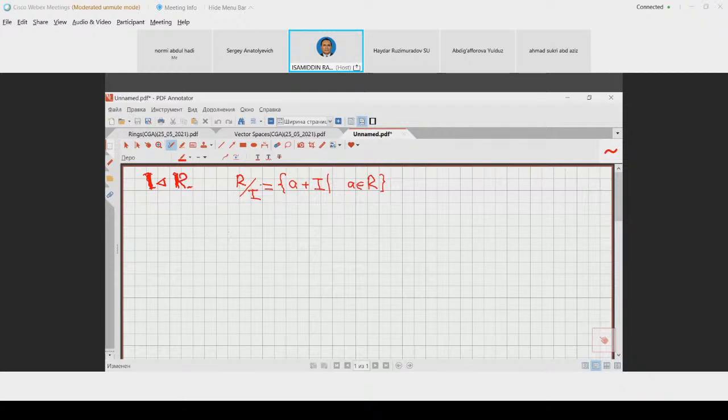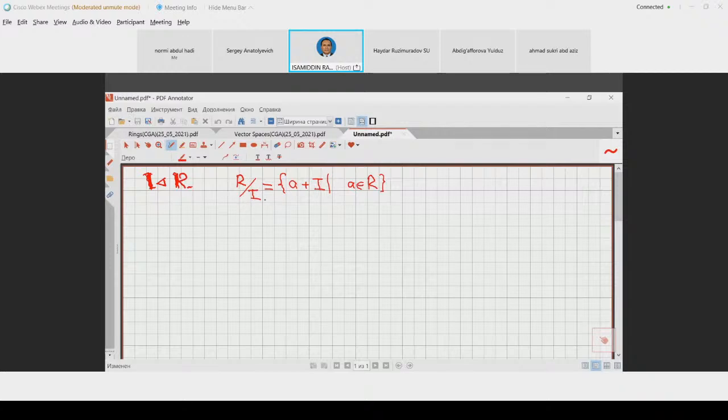But in R we have one more operation, multiplication. So we will try to introduce a multiplication operation in R over I. In that quotient group, I is a subgroup of an abelian group, so we don't care whether I is a normal subgroup; R over I always exists.